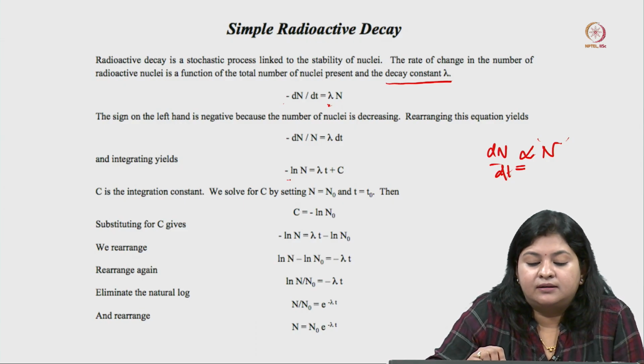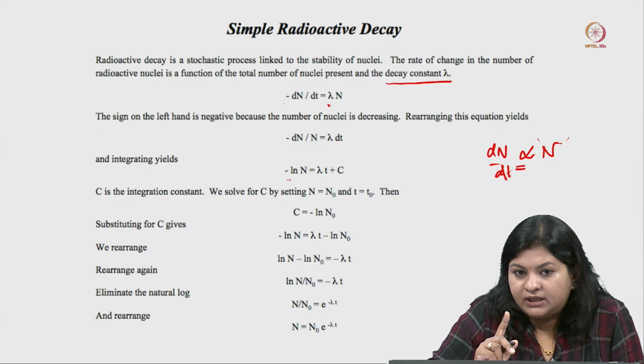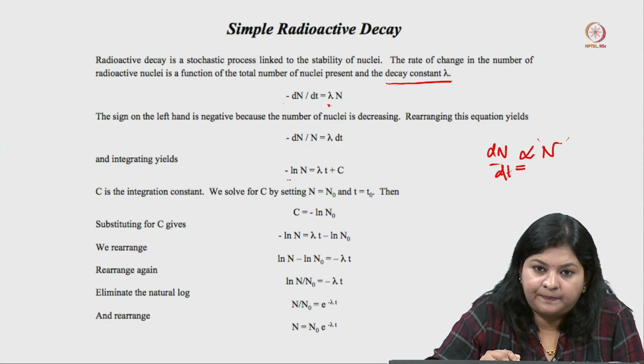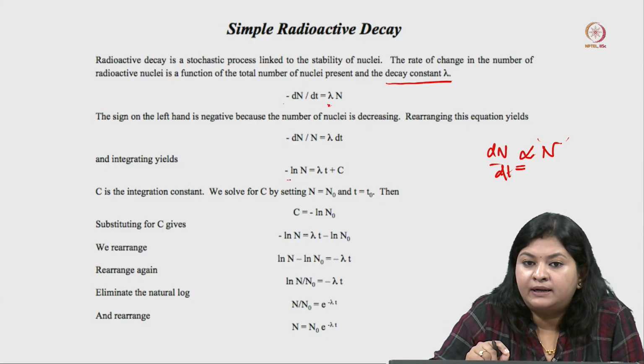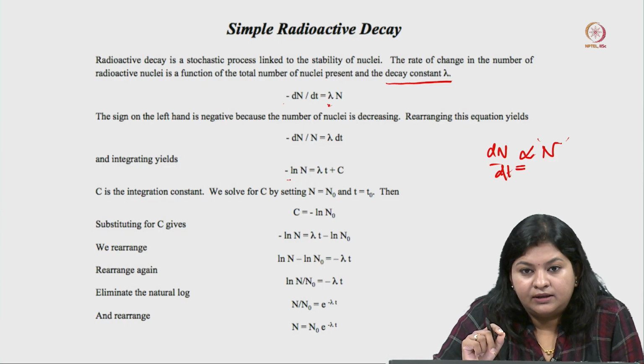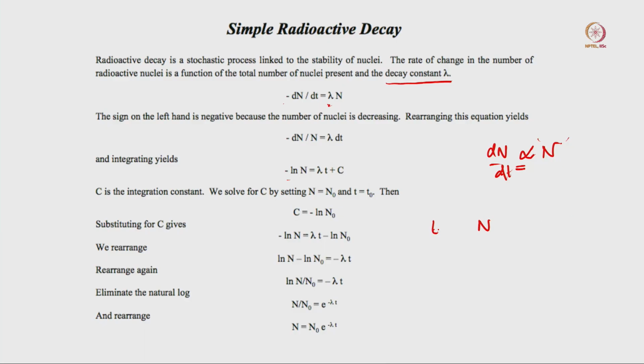This integration constant we can find by setting my initial time equal to t0. At time equal to t0, my number of parent atoms is equal to my number of initial parent atoms, N0. This is the number of atoms that decayed to N within a time period of t.